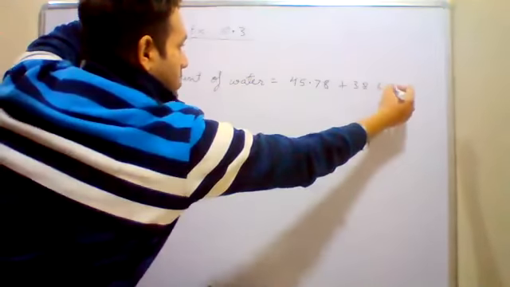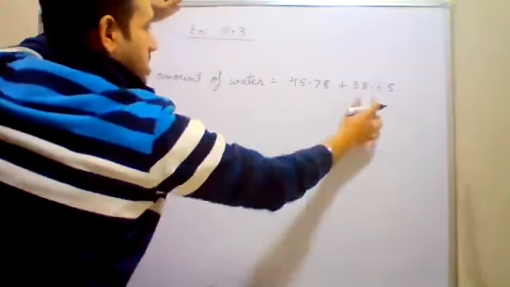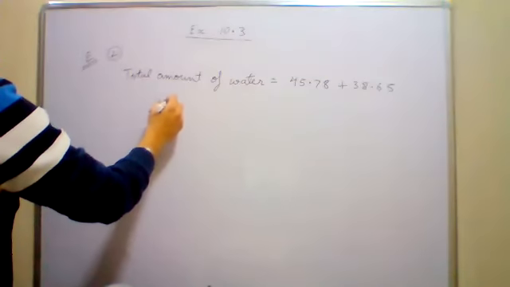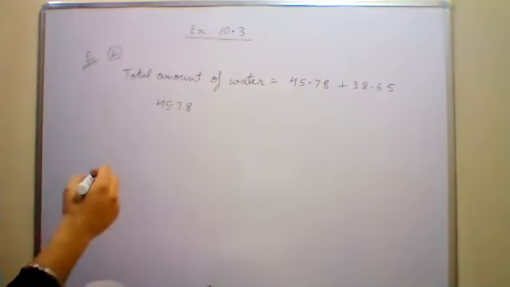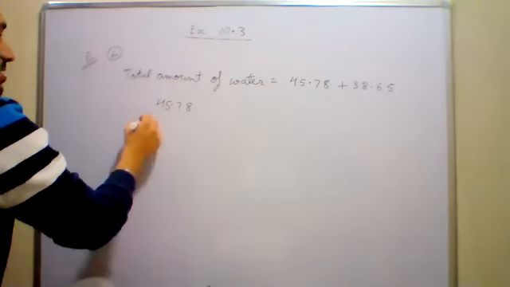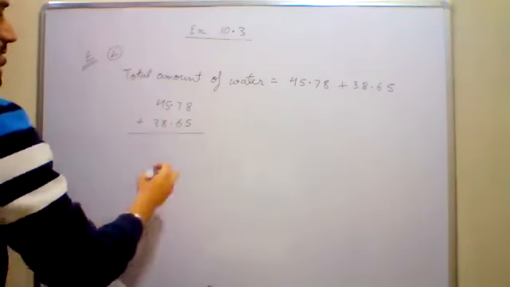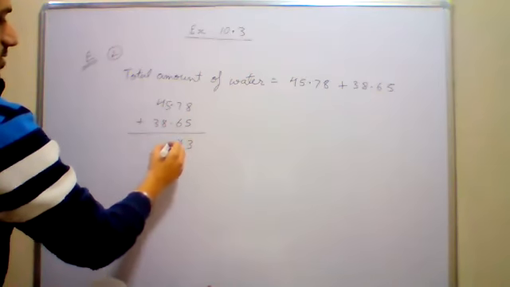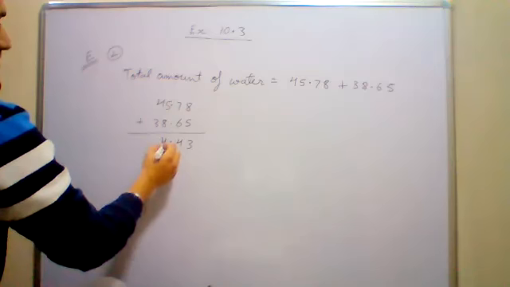So these are the two things. This much water is there in the bottle, this much water is there in the jug. Total amount of water, you add the two numbers, 45.78 plus 38.65. So 3, 1, 13, 14, 4, 1; 6 plus 8, 14, 4, 1, 8.